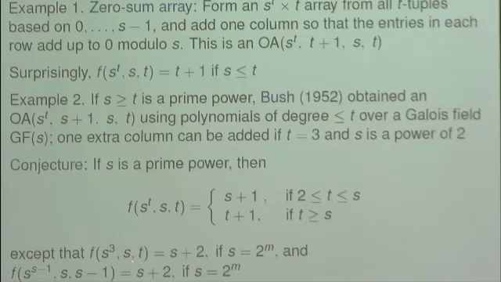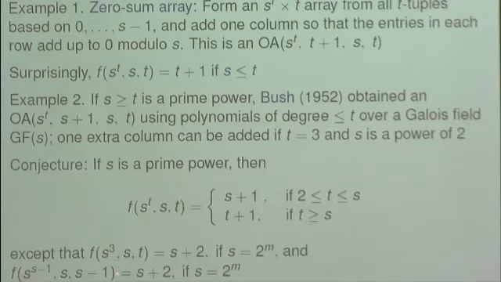With the exception of two cases: the case where you're talking about an orthogonal array s cubed s, and this t should be a 3 over here. Then we know that we can do s plus 2, and we know that that's the best. And in the situation that you have an orthogonal array of strength s minus 1 with s to the s minus 1 rows, then the conjecture is that s plus 2 is the best.